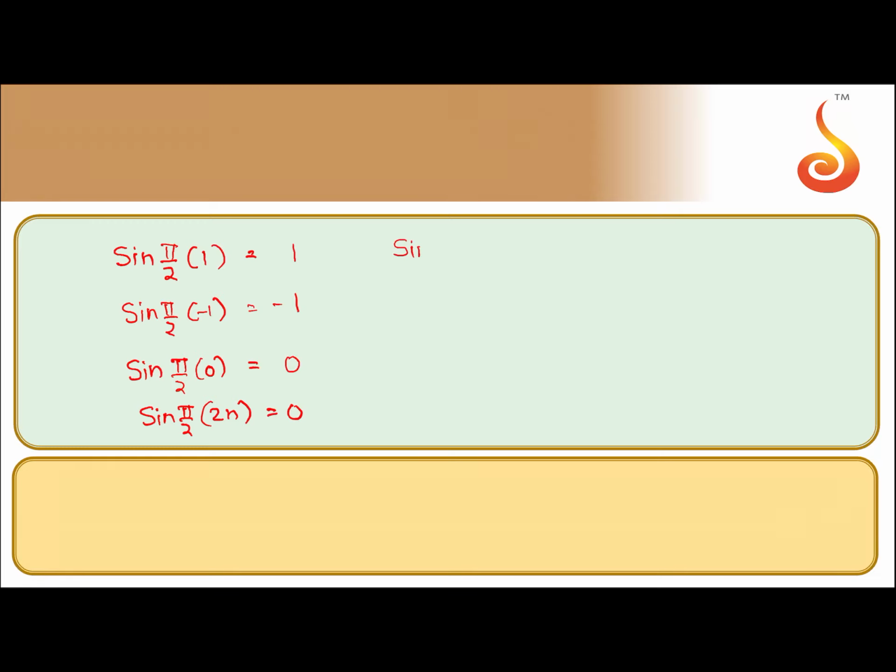Similarly, sine pi by 2 into 2n plus 1 will give you either 1 or minus 1. Example, sine 3 pi by 2 will give you minus 1, sine 5 pi by 2 will give you 1.